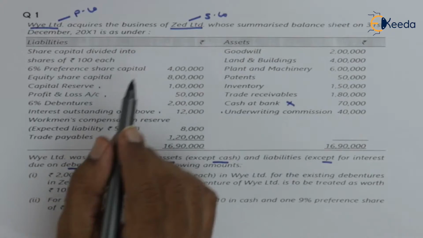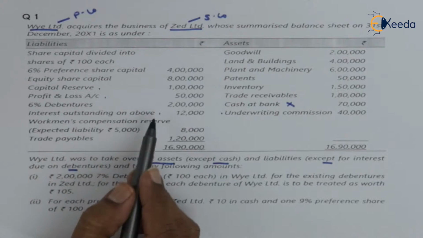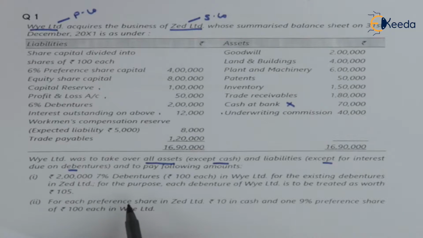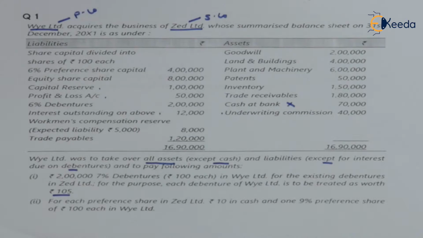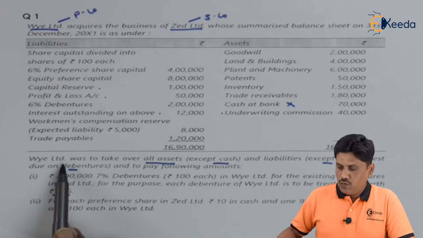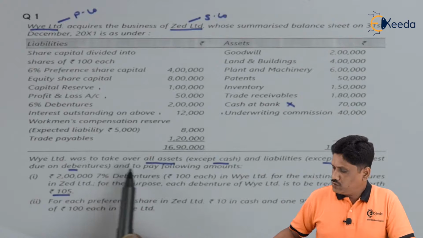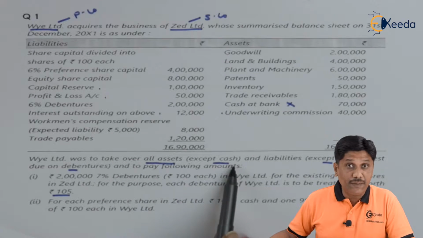So these debenture holders, which are here 6% debentures, for them new debentures are given. For this purpose, each debenture in Y Limited is to be treated as worth rupees 105. That means issuer is saying my debenture is worth rupees 105, but importantly existing debentures are taken over at their book values.